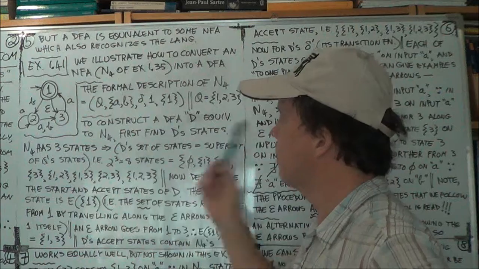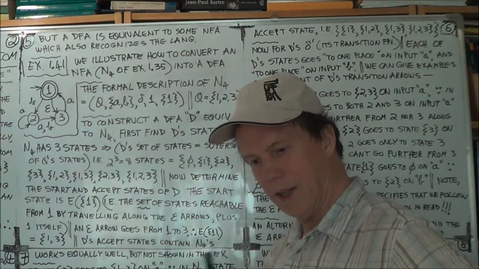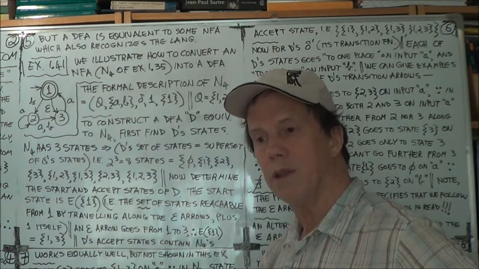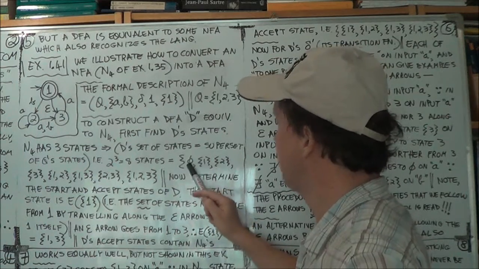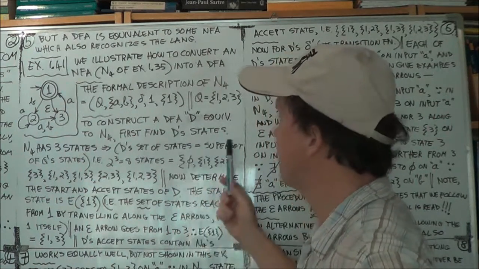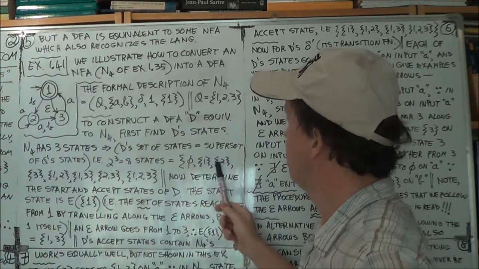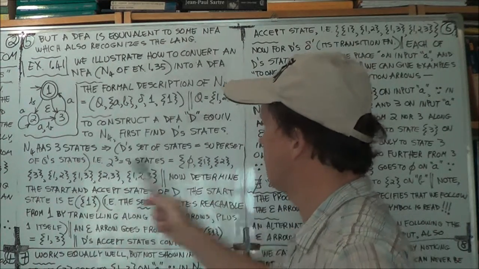Now, what are those states? Well, each state in D, the DFA, will be a set. So here they are. The null set, that's a subset of any set. And then sets with just one element, there'll be 3 like that: 1, 2, and 3.